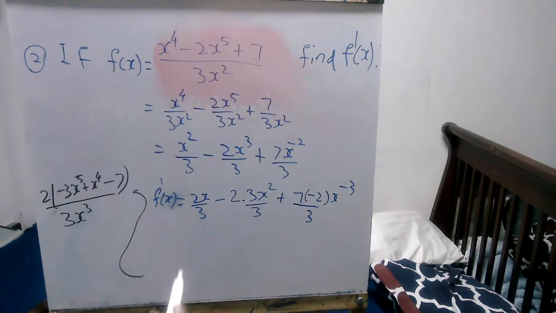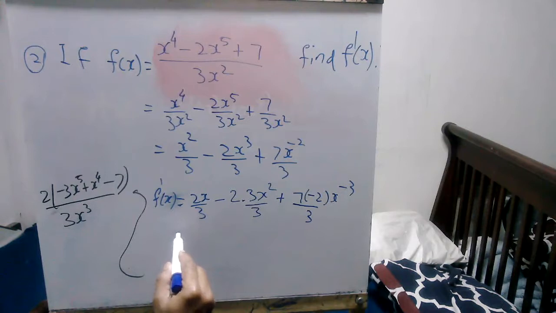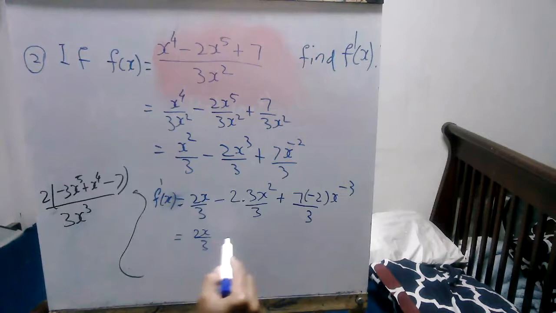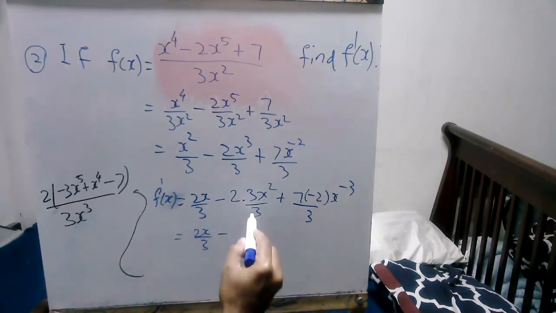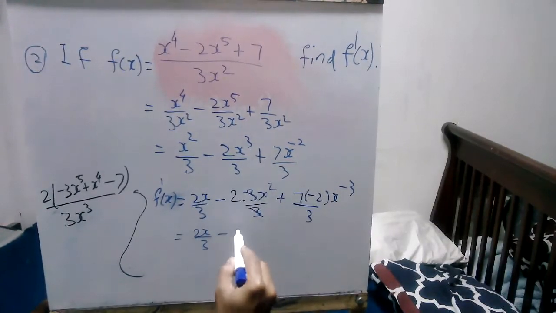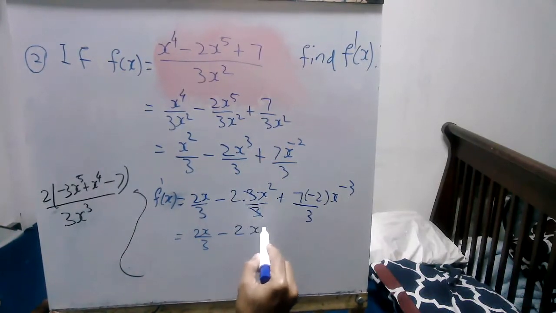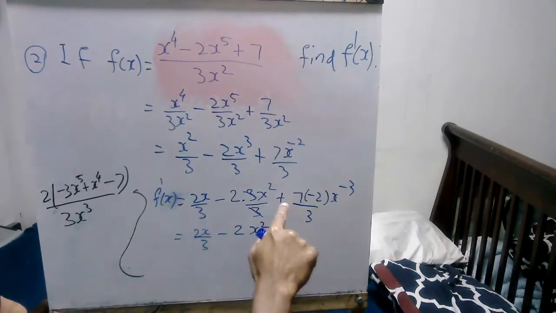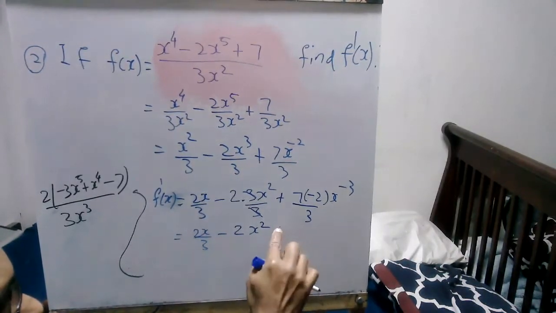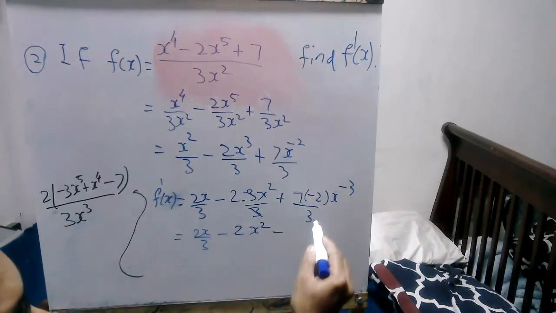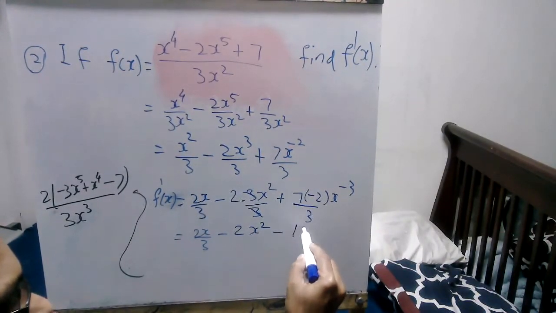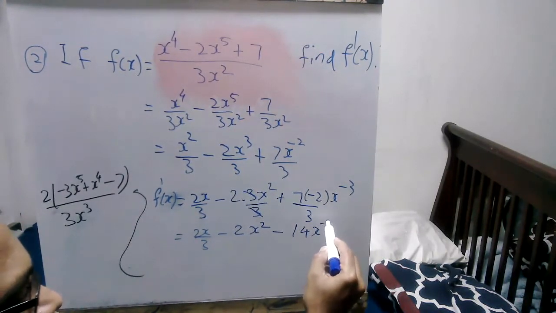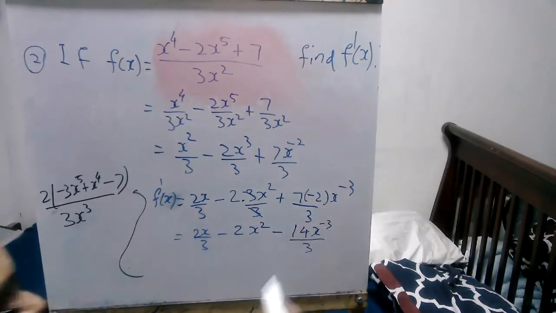now let's do simplification. 2x over 3. This 3 and 3 cancel out, we get 2x square, plus and minus is minus 7 times 2, 14 x to the power negative 3 over 3.